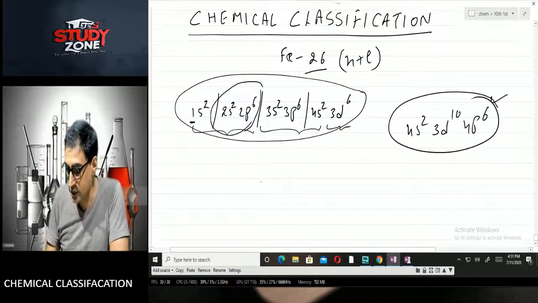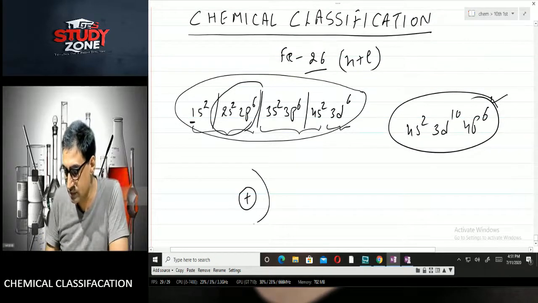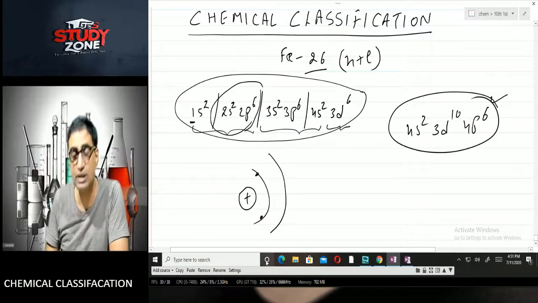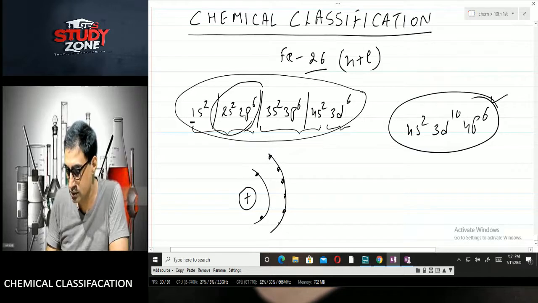Now suppose I have got a nucleus over here. This is the first shell. The first shell can have a maximum of 2 electrons. I have the second shell. The second shell can have a maximum of 8 electrons. The third shell again can have a maximum of 8 electrons.